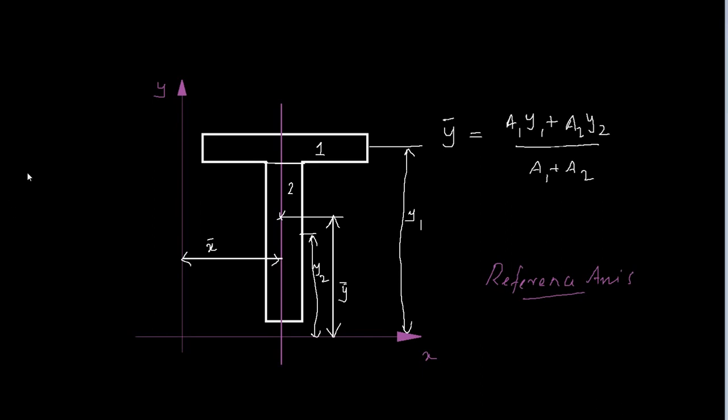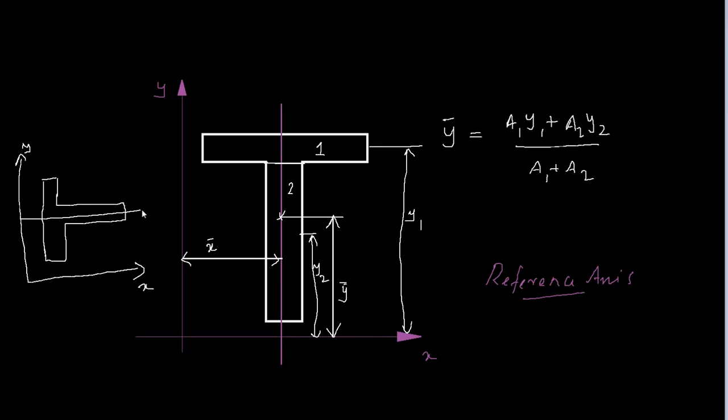And in case you are using a body of a different shape like this, let's say you are finding the centroid of a shape like this and your reference axes are like this, x and y, then you can see the symmetry axis is passing through here, and therefore your y bar is fixed, which is this distance, and then you need to find the x distance of your center of gravity.